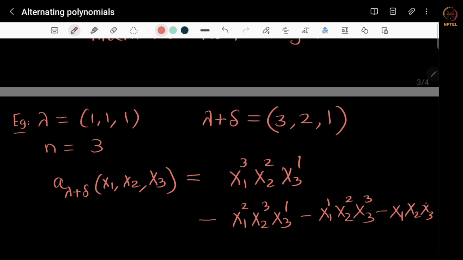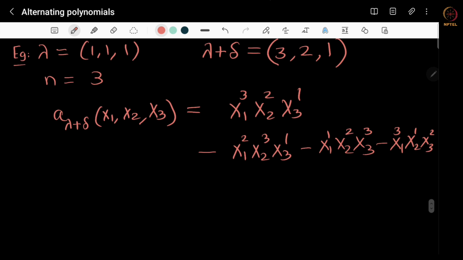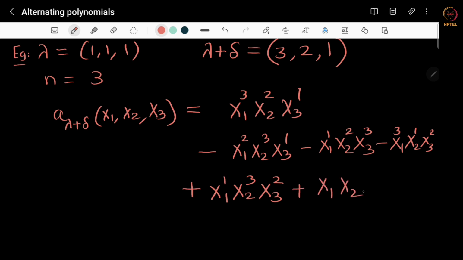Now what is the alternate corresponding to lambda plus delta in x1, x2, x3? You start with the monomial with exponents 3, 2, 1 and take all its permutations. First, I keep one fixed and permute the other two: x1, x2, x3 with 2 and 3 interchanged, counted with the sign. Similarly, I keep 2 fixed and interchange 1 and 3.